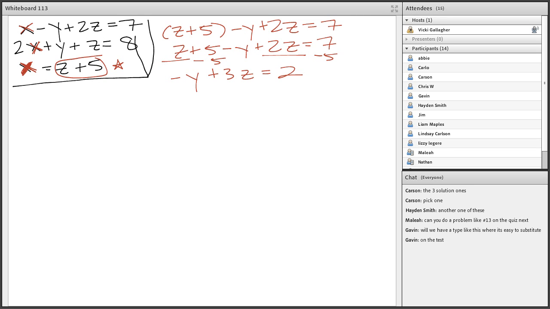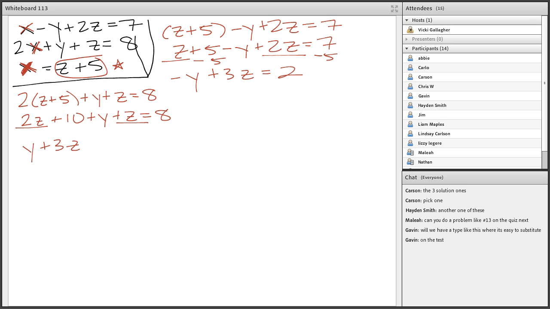So I'm just kind of putting it anywhere that I see a letter x. All right, so I have a y and a 3z, and then I'm going to minus the 10, and that gives me a negative 2.